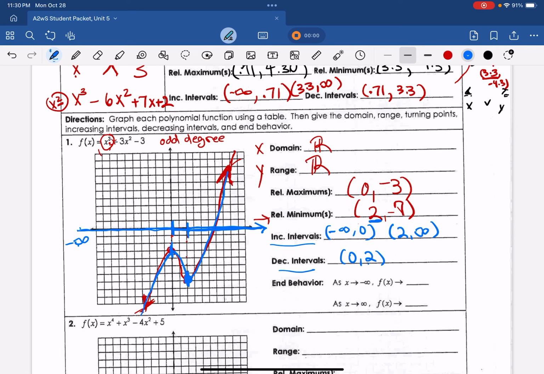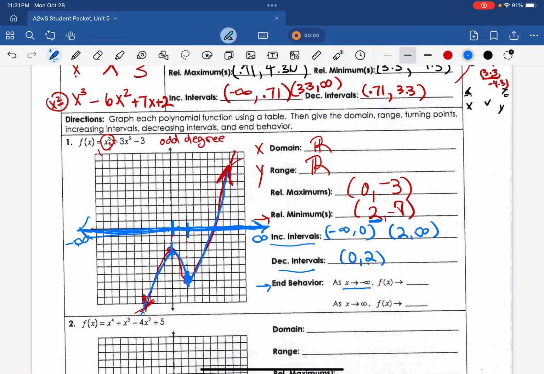And then going back to our quadratic unit, we talked about end behavior. So you're really just looking at the ends of your graphs and seeing if they're pointing up or pointing down. This one says as x approaches negative infinity. So that means the left side. Okay, so x is approaching negative infinity on the left end of your graph, and x is approaching positive infinity on the right side of your graph.